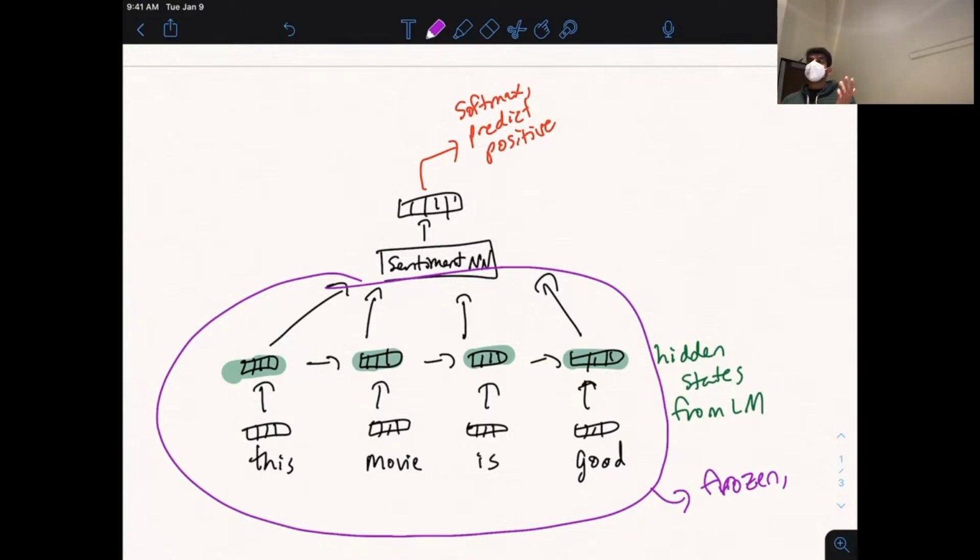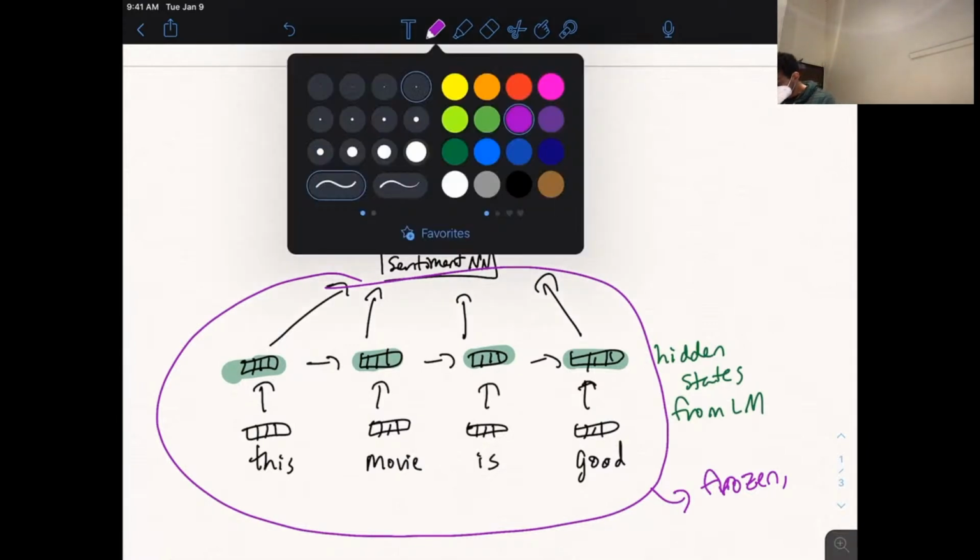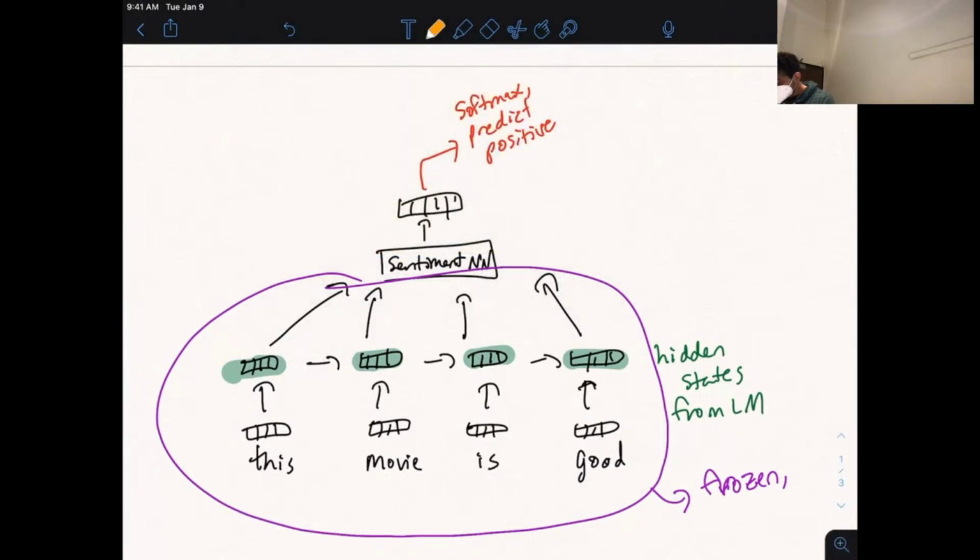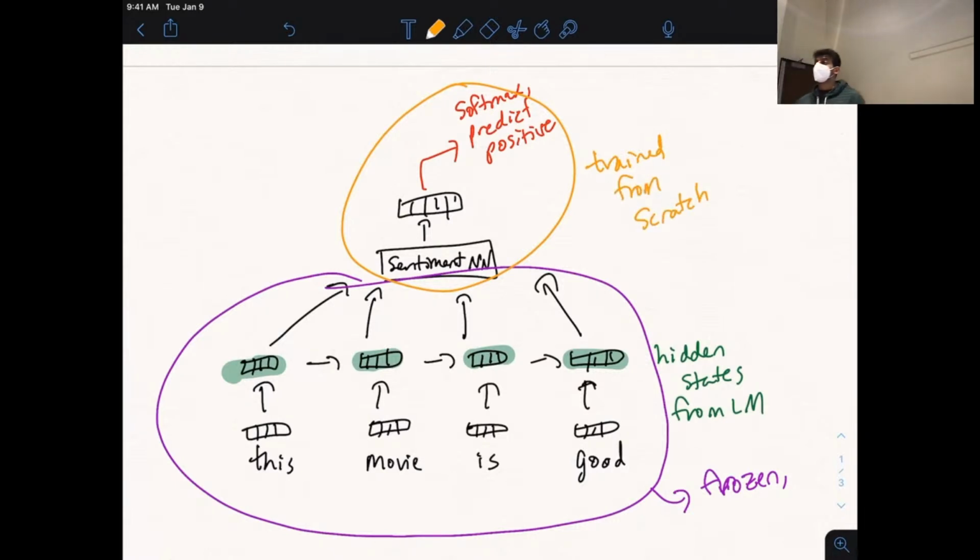So it has some knowledge about language, we trust its knowledge, and we don't want to corrupt it by the sentiment signal. So instead we have this sentiment neural network that's over here. And these parameters are all trained from scratch. So it receives the input in the form of the language model's hidden states, and it uses those inputs to produce a sentiment label.